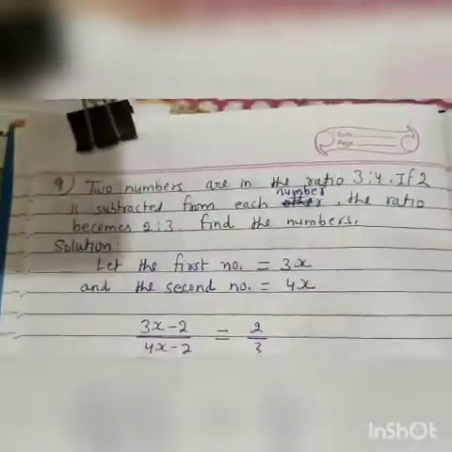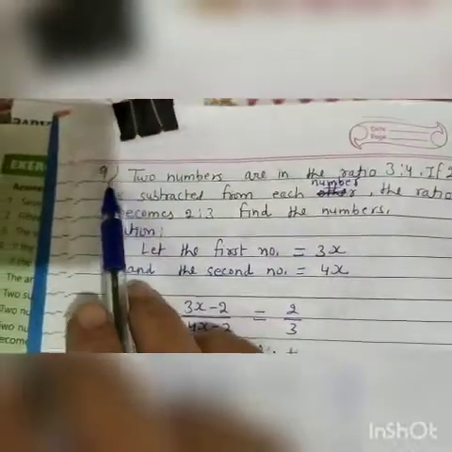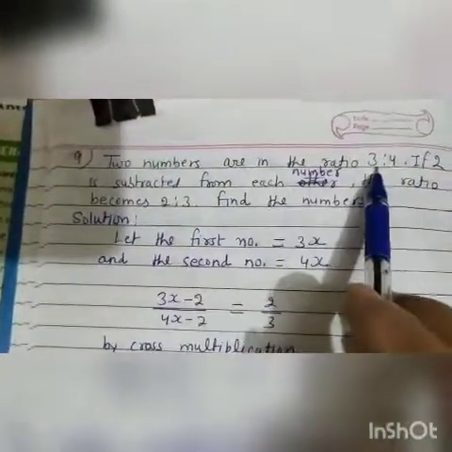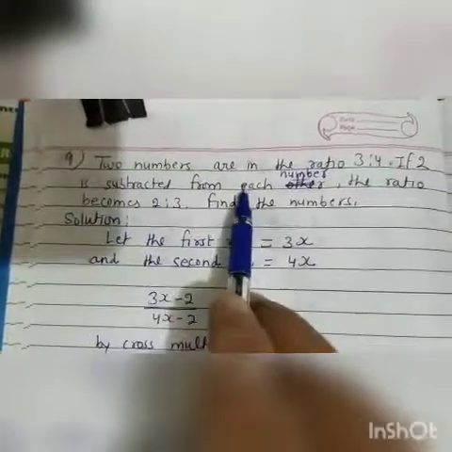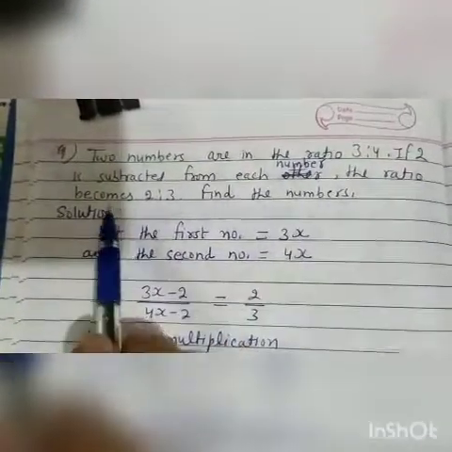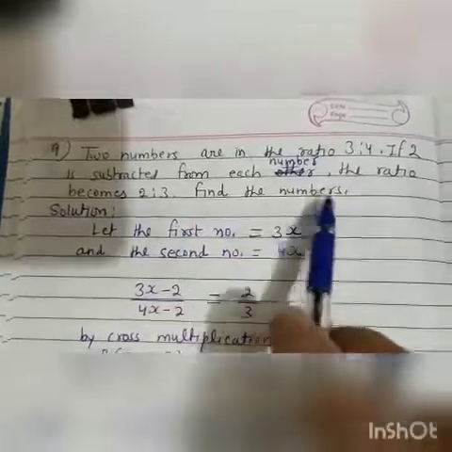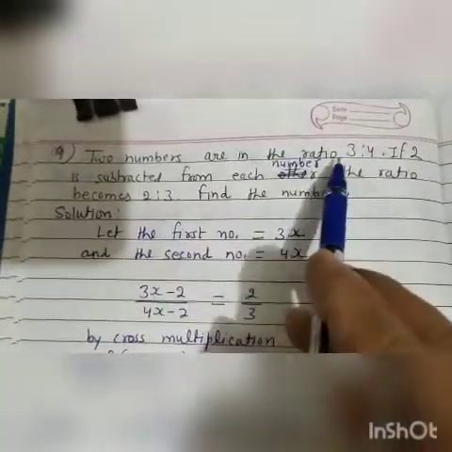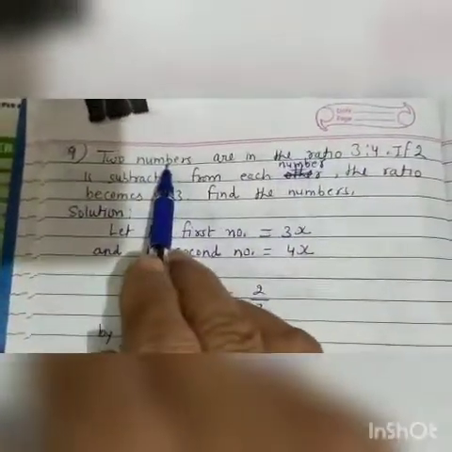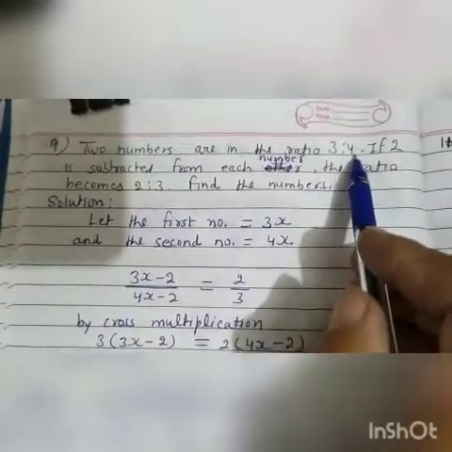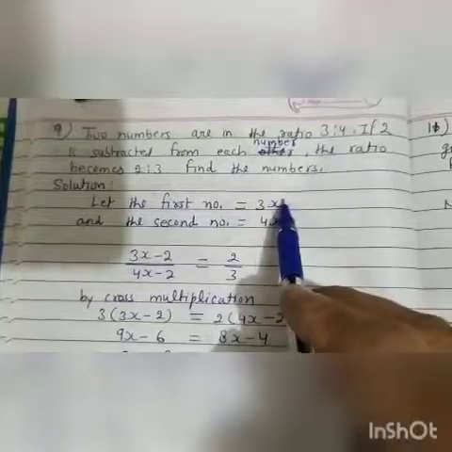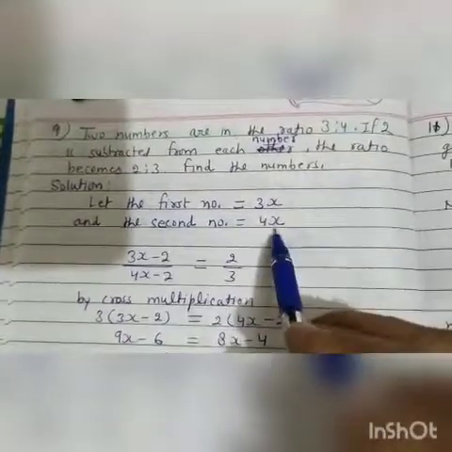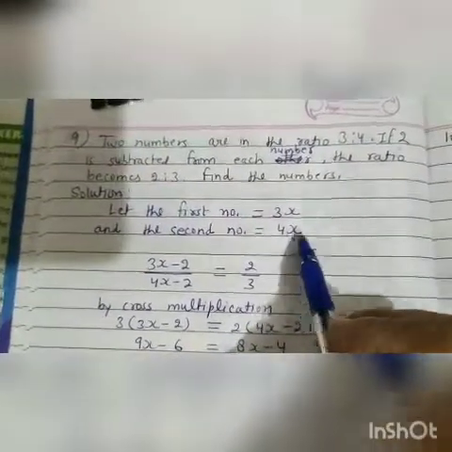Next question, question number 9. Two numbers are in the ratio 3:4. If 2 is subtracted from each number, the ratio becomes 2:3. Find the numbers. Again we are given the ratio of two numbers, that is 3:4. Again we will let the first number be 3x and the second number be 4x. After this, what is given?